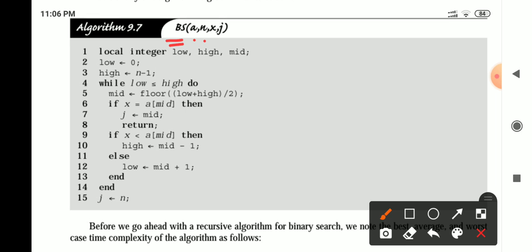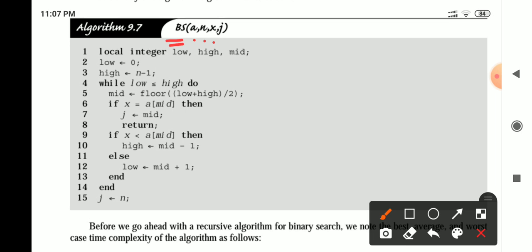Here we have the letter n, which denotes how many elements are there in the array, that is the size of your array. After that, x is the variable that we are going to search for.